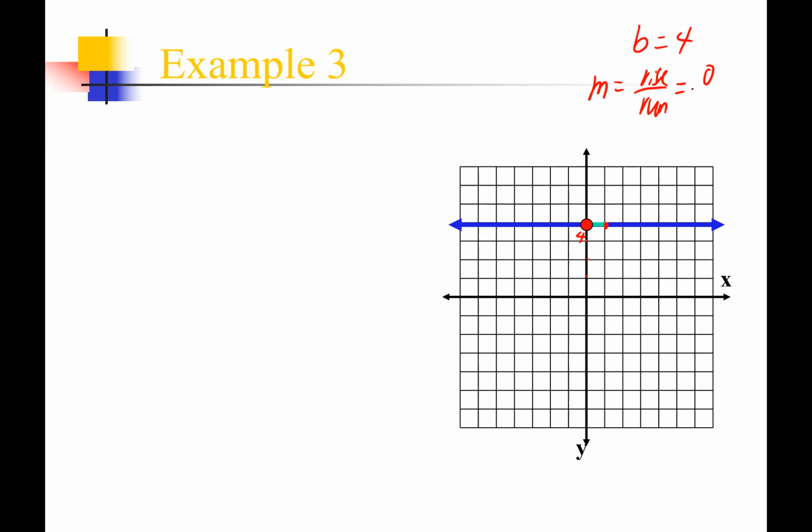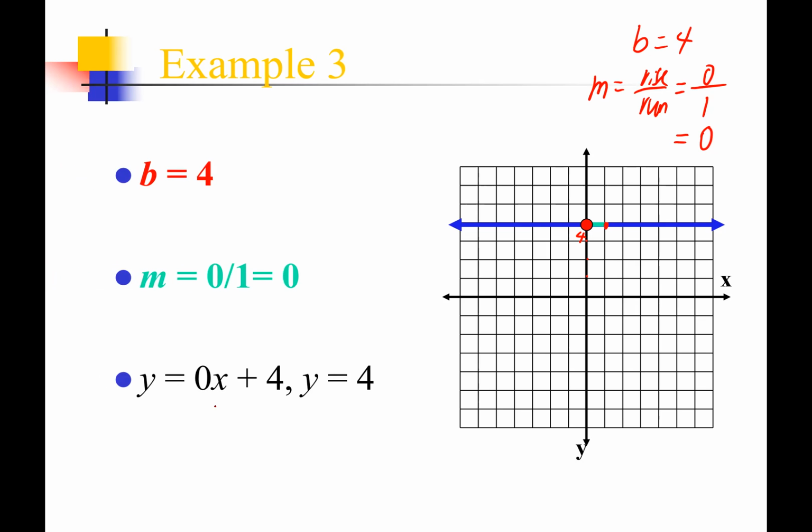Rise 0 units. Run to the right 1 unit. So 0 over 1, that's 0. Okay, so we know the slope here must be 0, and the y-intercept is 4. So we have 0x + 4. That turned out to be y = 4. And that's exactly the equation for the horizontal line.